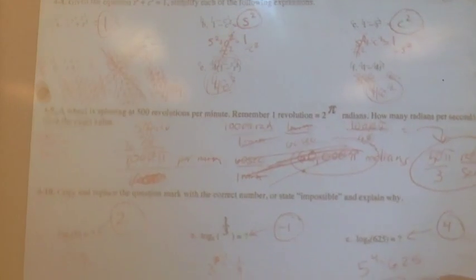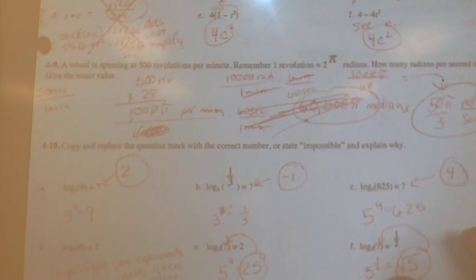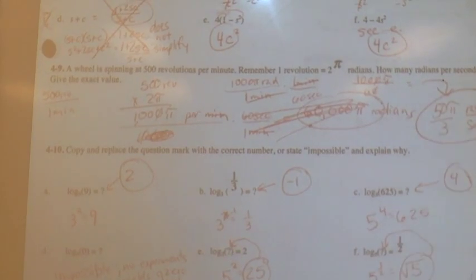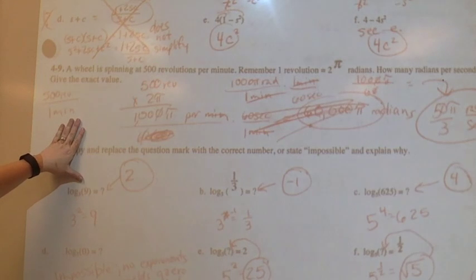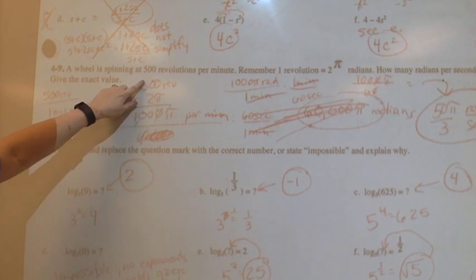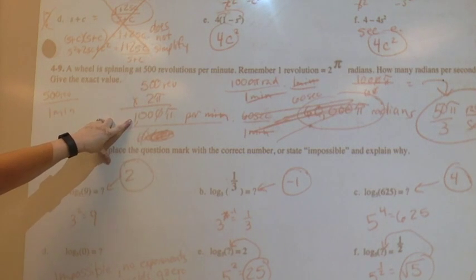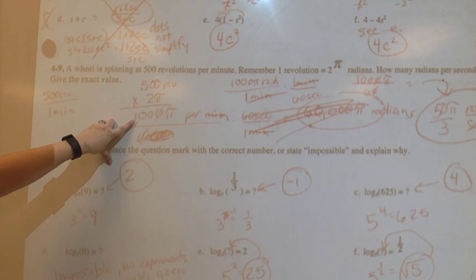On 4-9, we're going to do a little bit of conversion here. A wheel is spinning at 500 revolutions per minute. Remember, 1 revolution equals 2 pi. So I started out by saying 500 revolutions times 2 pi equals 1,000 pi. So we have 1,000 pi per minute.